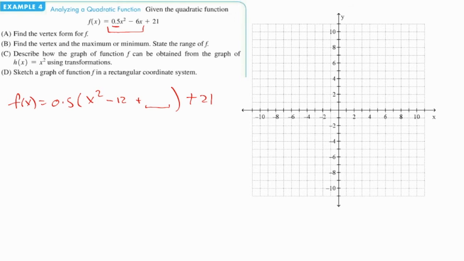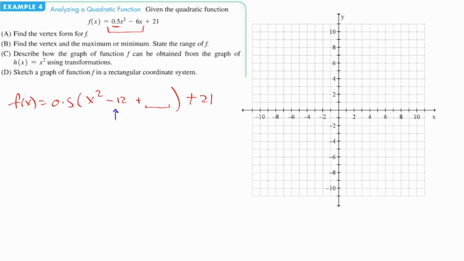To double check that we factored correctly, if I distribute this 0.5 through here, do I get back the numbers that were given in the beginning? And we say yes, 0.5x squared, and 0.5 times negative 12 gives us negative 6. So now we can complete the square.